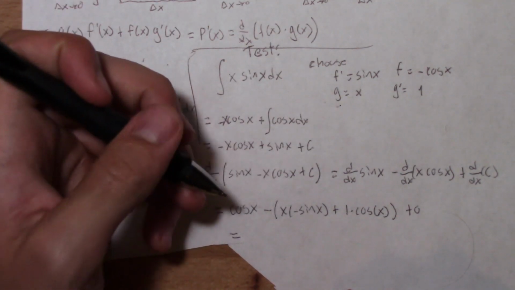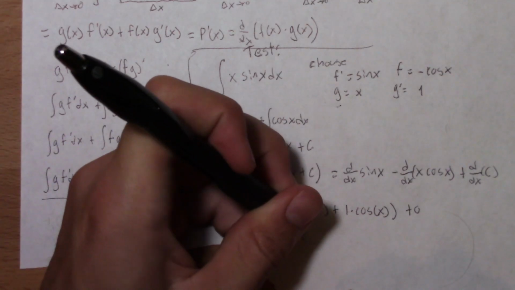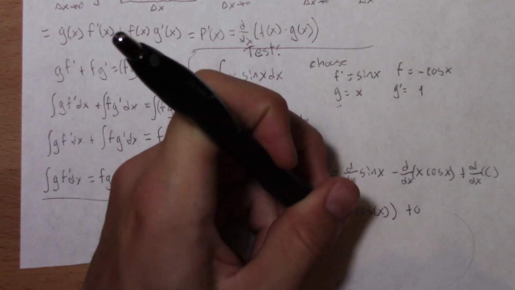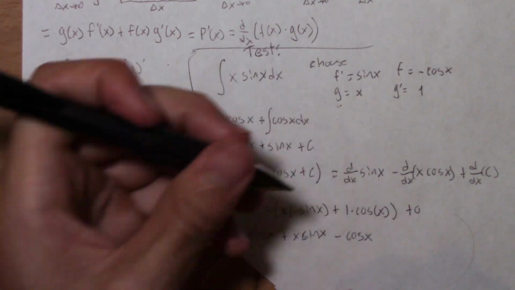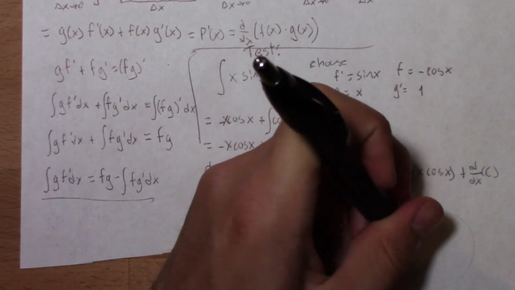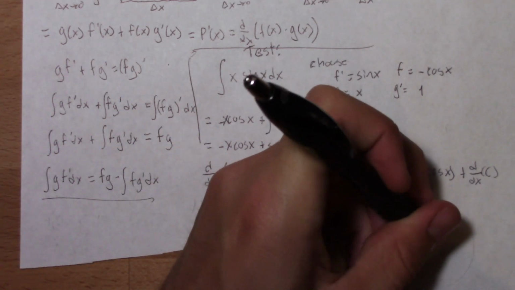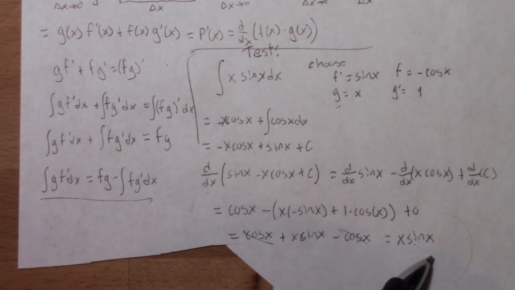This equals cosine x plus x sine x minus cosine x, these cancel, equals x sine x. Okay, so it seems to work. Very good.